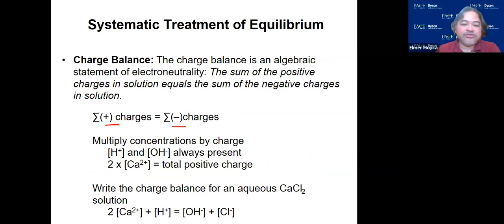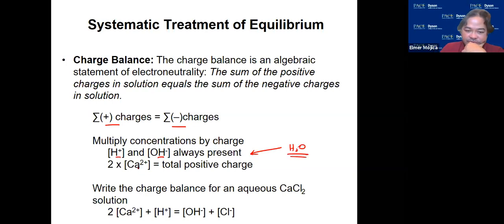The way that you do this is you multiply concentrations by the charge. H plus and OH minus are always present. Why? Because the system is always in aqueous solution. So if you have calcium, you multiply it by the charge, 2 times calcium 2 plus. That is equal to the positive charges.